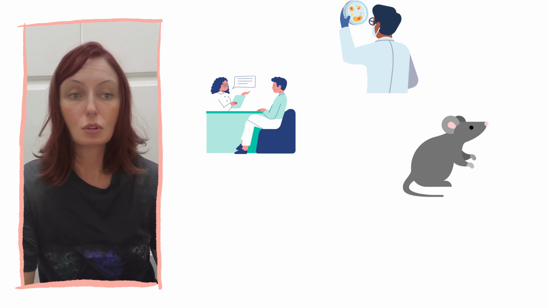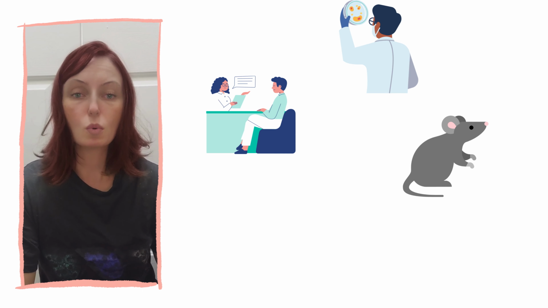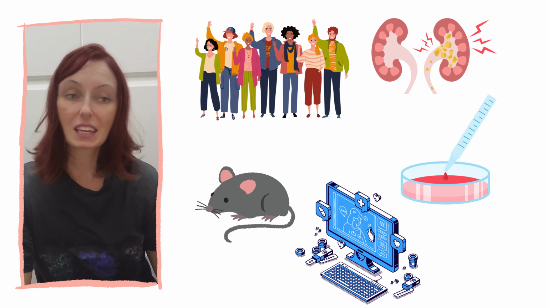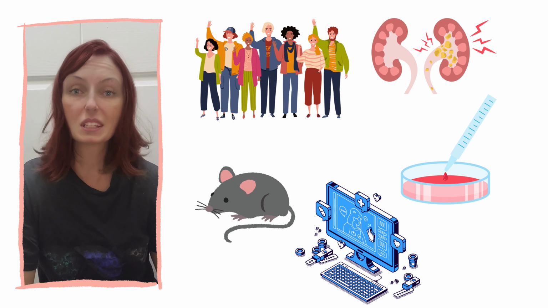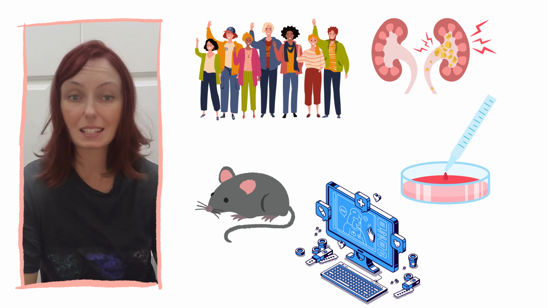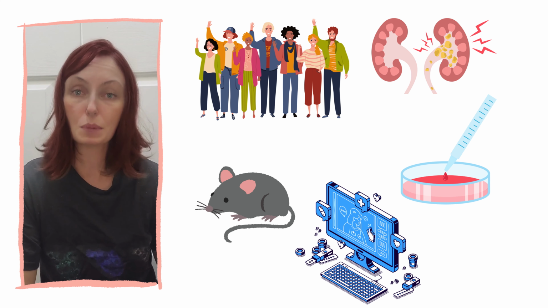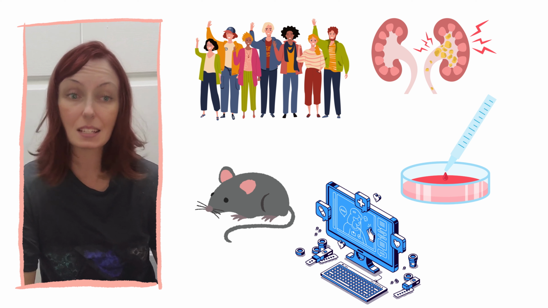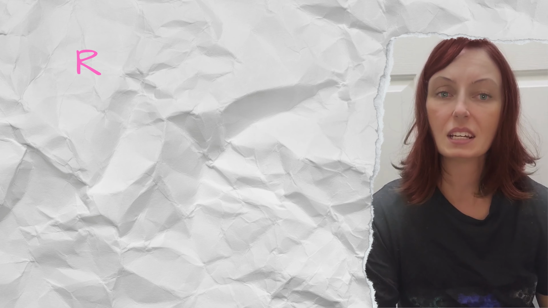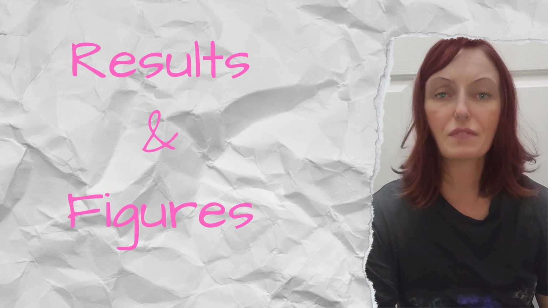Within this section, we can pull out some more info about what system they are studying, like 17 patients with kidney disease versus human kidney cells in a dish, versus mice with kidney disease as a model, or versus computer models simulating a disease trajectory, etc. So tip 2 is scan through the materials and methods and look for what types of animals, samples, or systems the researchers used. Next, let's go to the results and figures.